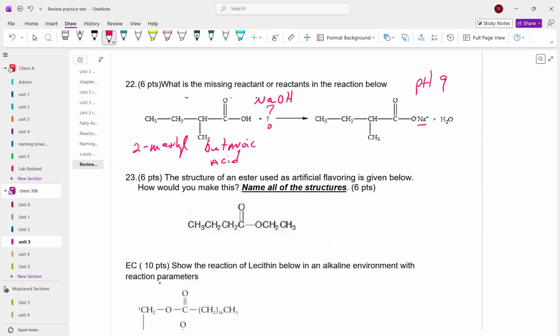You put like a positive hydrogen on there, plus heat, or does it matter? We could have put the sodium hydroxide over the arrow as well. You can do it both ways. It doesn't matter. Either way is fine.